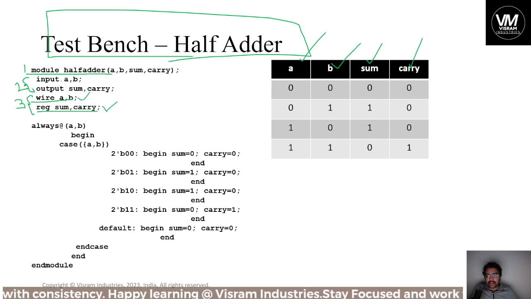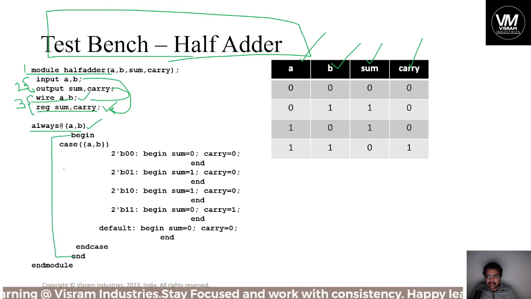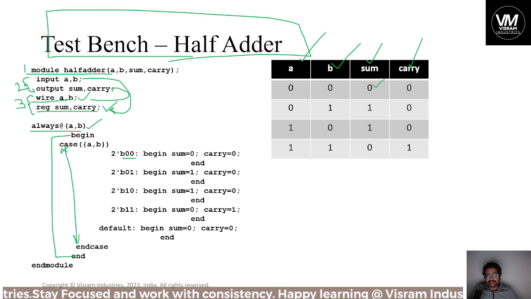All inputs are wires, all outputs are registers, and always at the rate of inputs the procedural block starts. With begin and end, you can write a case. When you have inputs as 0 0, the sum is 0 and carry is 0. If you have inputs 0 and 1, sum is 1 and carry is 0.